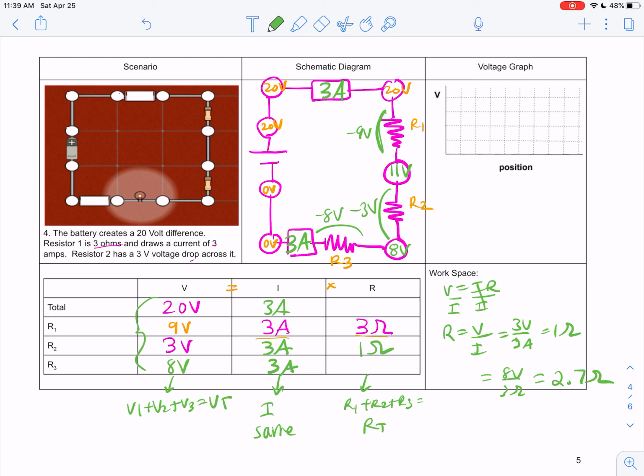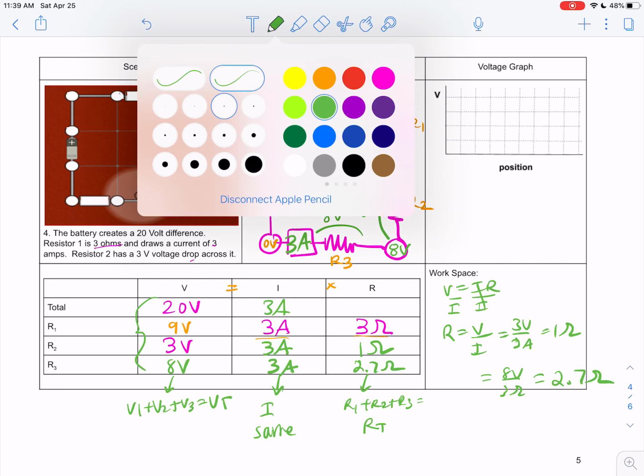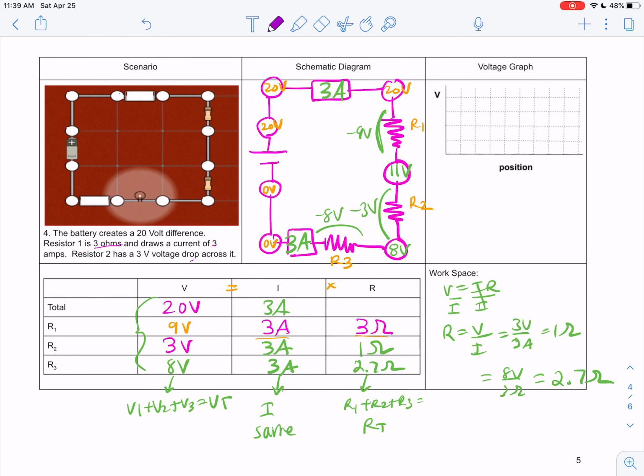Rounded to the tenth, 2.7 ohms. And then if I add all these together, because I know in a series circuit the resistors add to the total, 2.7 plus 1 plus 3 is going to be 6.7 ohms. Then you might want to check: 3 times 6.7 should be 20, which it is. It's rounded a little bit, so don't freak out. It's going to be like 20 point something. So 3 times 6.7 is going to be 20, so now I know it's right.